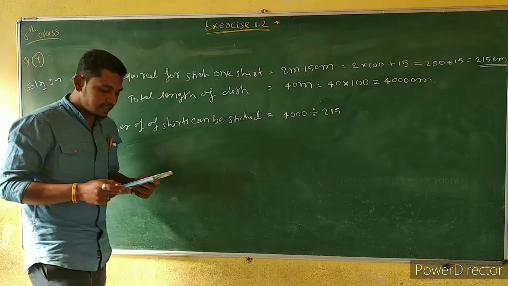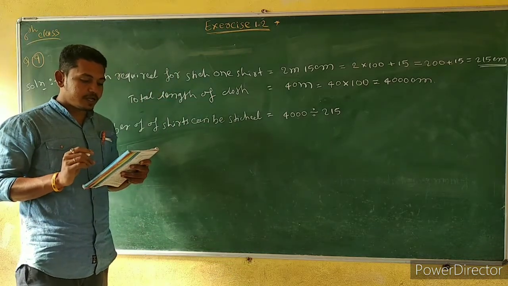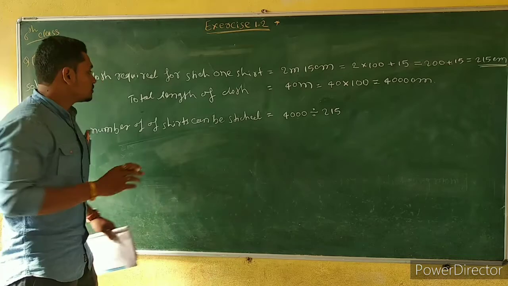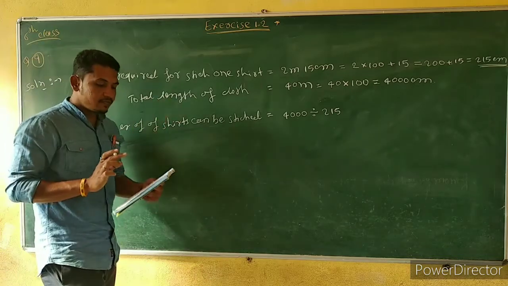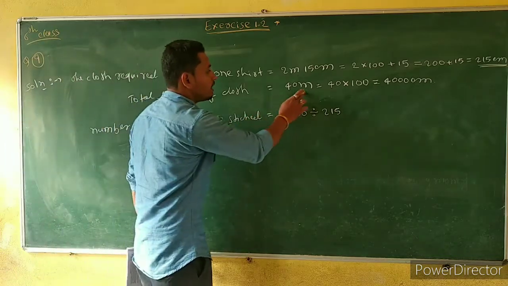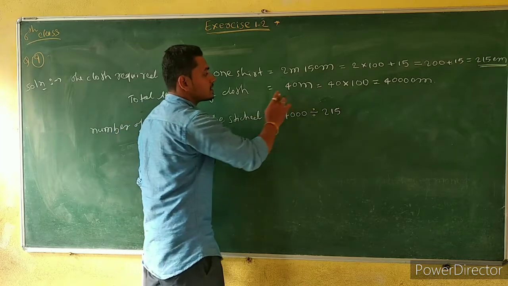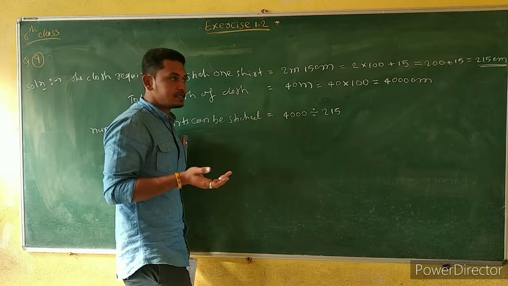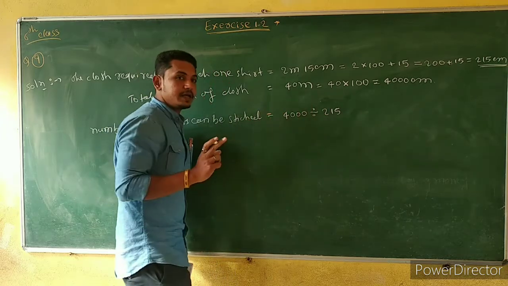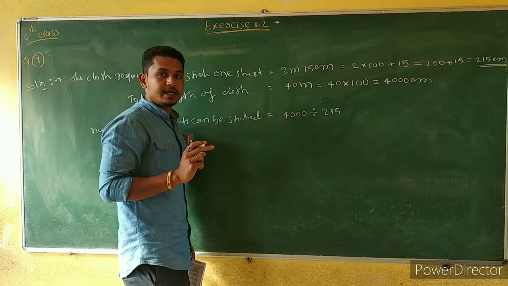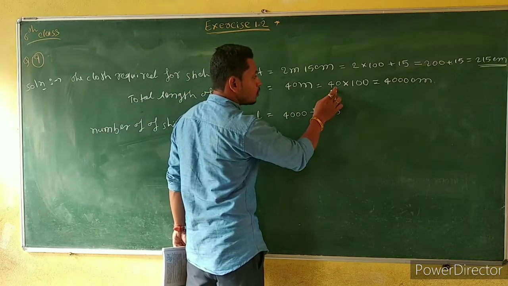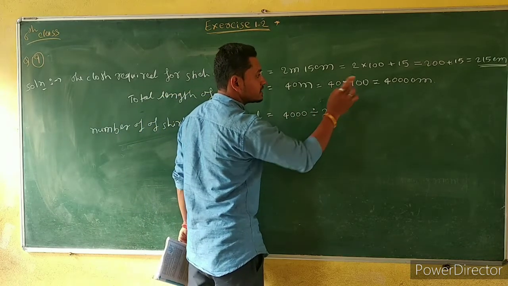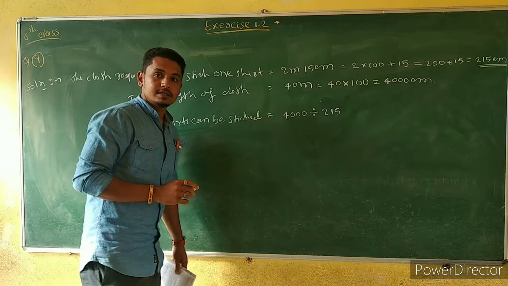Next, out of 40 meter cloth, which means the total length of cloth is 40 meter. Now 40 meter is converted to centimeter. 1 meter is equal to 100 centimeter, so 40 into 100 is equal to 4000 centimeter.